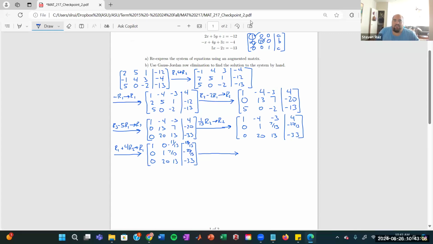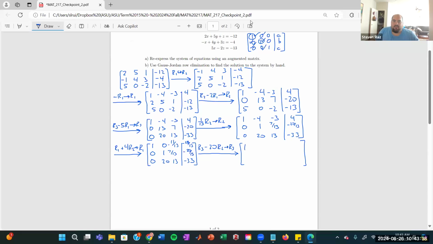So now we have this top middle 0. Now we want to get the bottom middle entry to be a 0. So I'm going to take a similar approach. I'm going to take row 3 and subtract 20 row 2s from it. And I'm going to put that back into row 3. So what rows am I not dealing with?